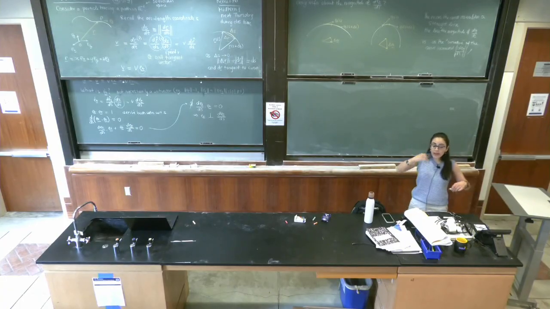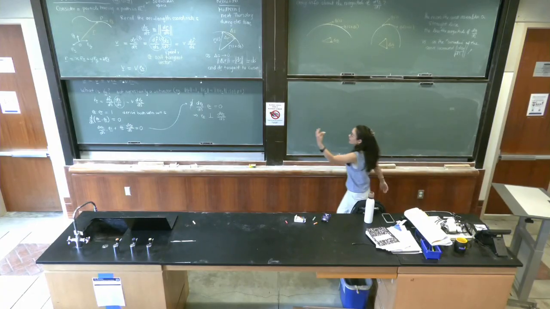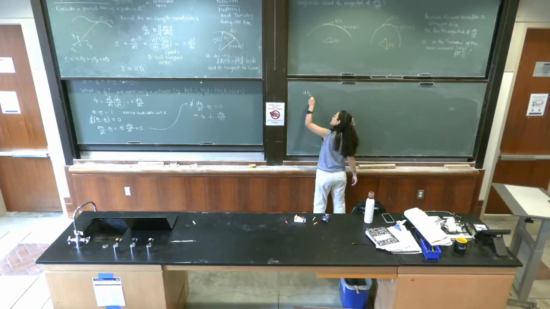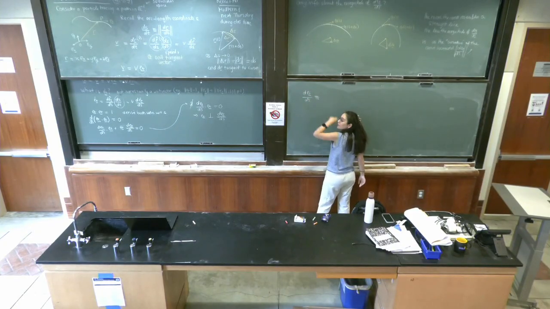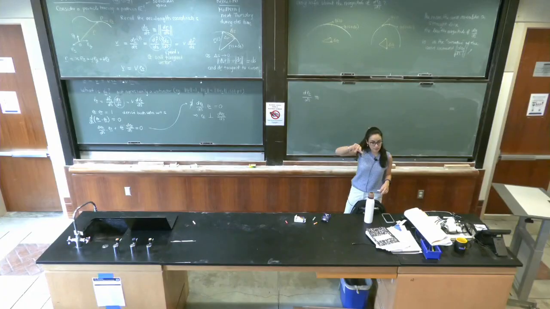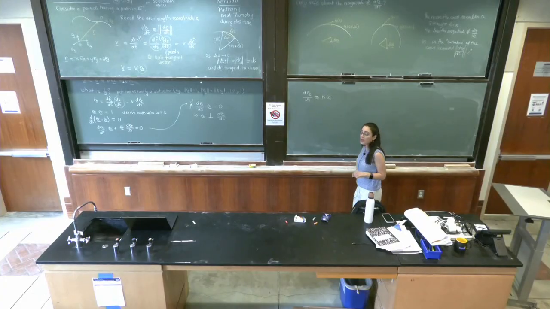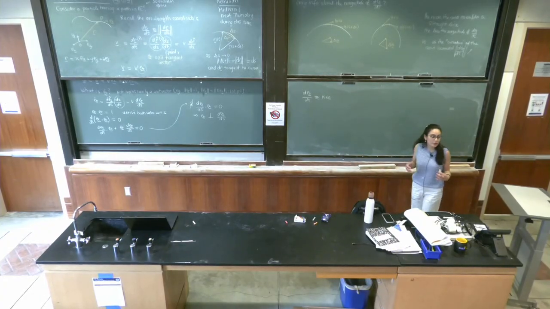So what we're going to do right now is define dEt by ds. This equal sign means that it's a definition. That's equal to kappa En. Okay? En is the unit vector that is perpendicular to Et. That is the direction of dEt by ds.